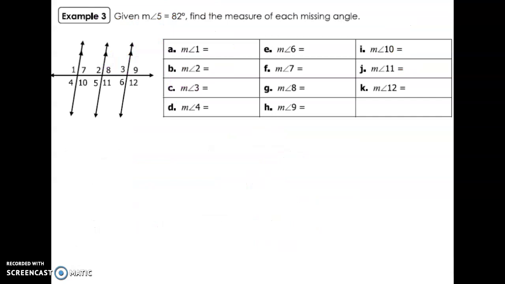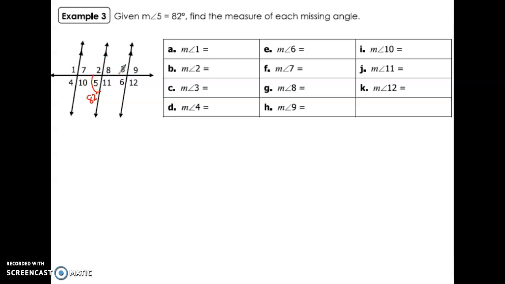Let's flip over to the back and let's look at example 3. So example 3, we have the measure of angle 5. That's 82 degrees. We have to find the measure of each missing angle. The one that I like to do first is these vertical angles because I like looking for these x's.